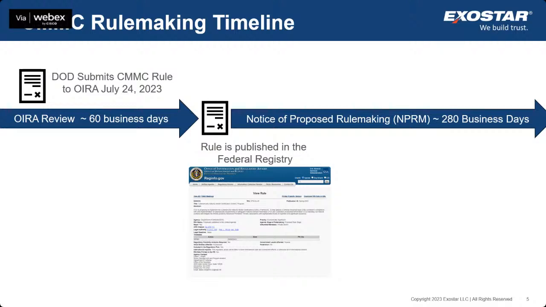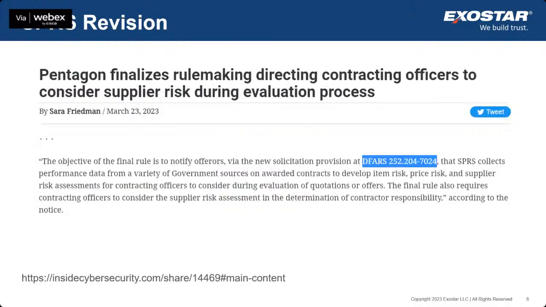But that doesn't mean you can just sit and wait, because there are requirements that you have today. There have been rules put out in the past year that do impact your award of contracts. One of those is DFARS 252.204-7024. This clause allows contracting officers within the DoD to consider your overall SPRS score.